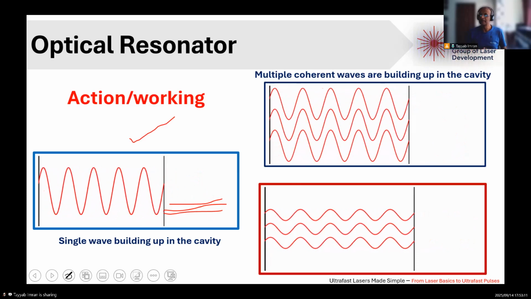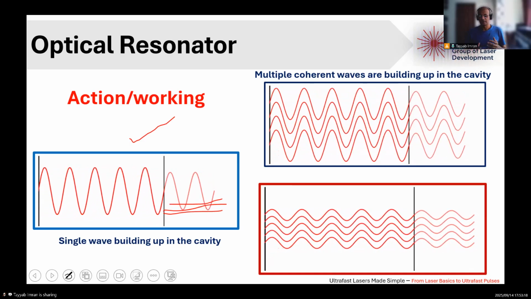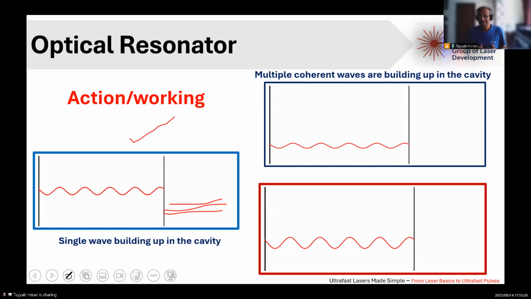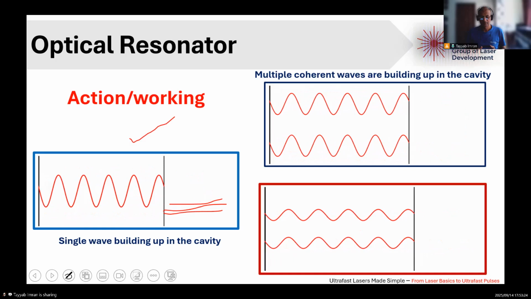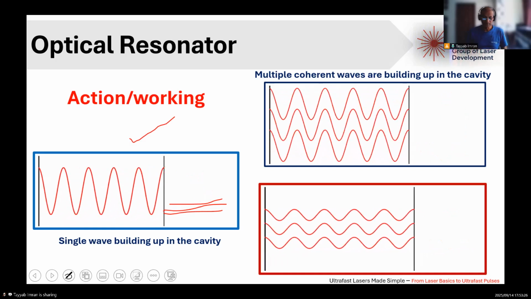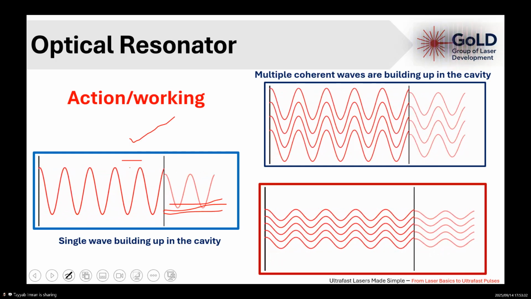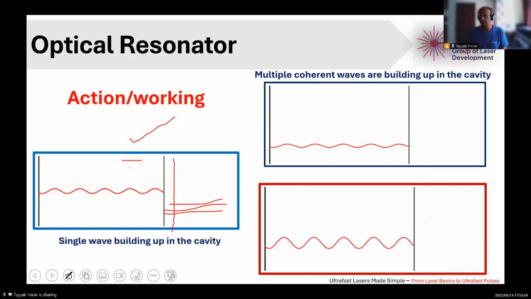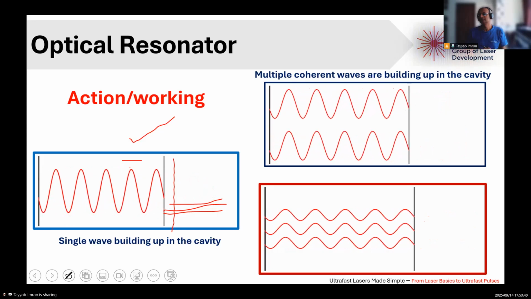In the beginning, the photons are multiplying, not very slowly actually, but it comes out at a certain time, when this wave is built up enough. Then this output coupler mirror allows this wave to pass through, and we have the output laser.